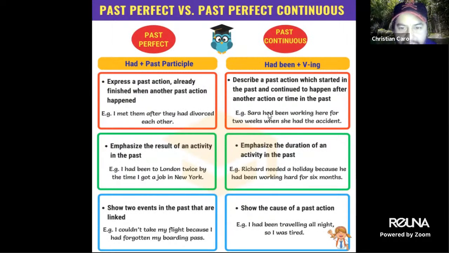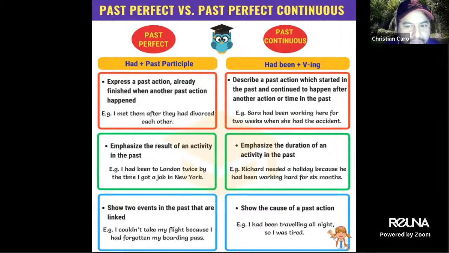Versus Sarah had been working here for 2 weeks when she had the accident. In this case, I use past perfect continuous to describe a period of time, right? More specifically, had been working here for 2 weeks. It's more specific, you know, the period of time.